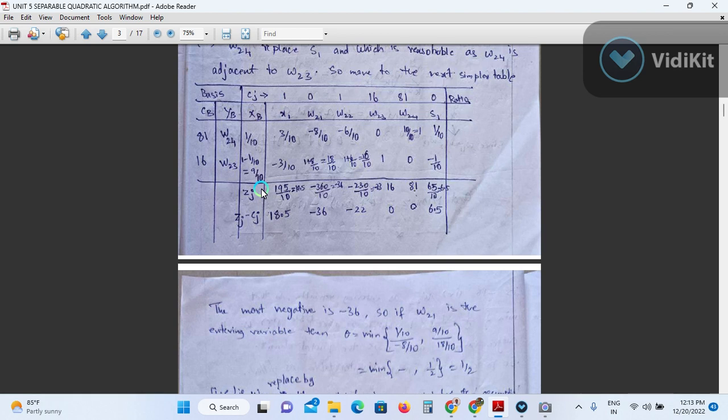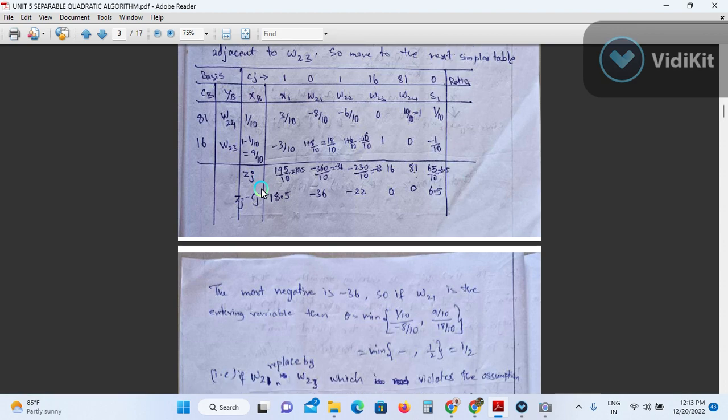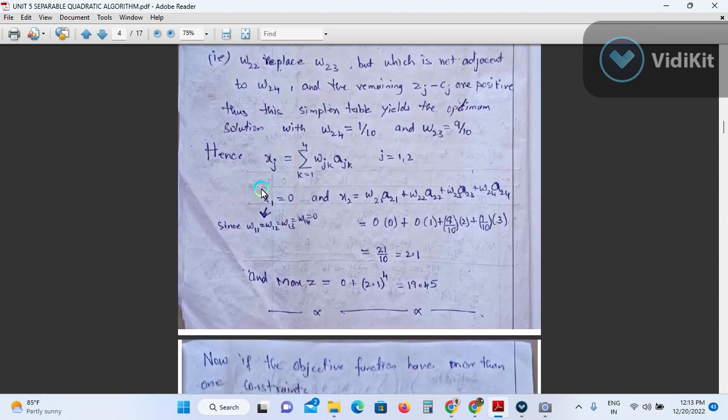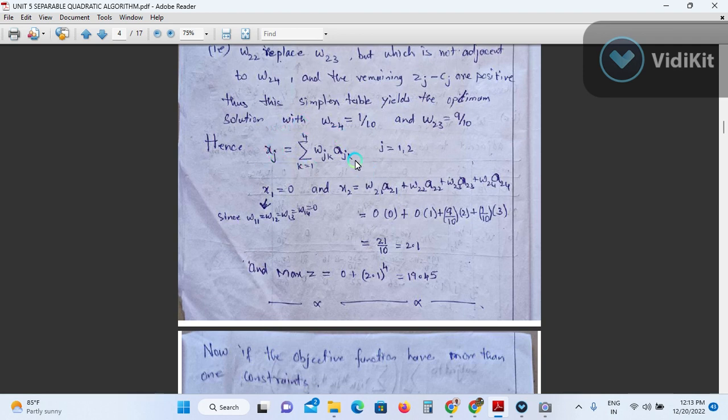Now using all these values, we have to substitute in the given objective function. We already know that xj is nothing but the summation of wjk into ajk, right? So x1 from the table we observe is 0 because it does not appear in the basis variables.